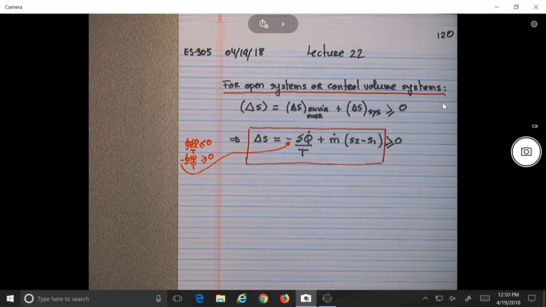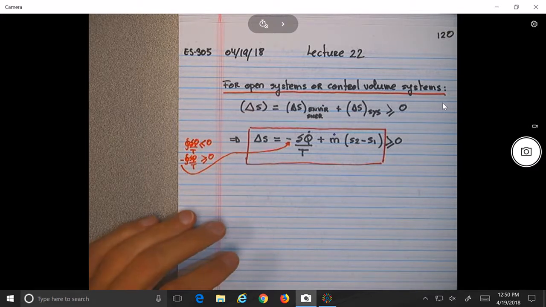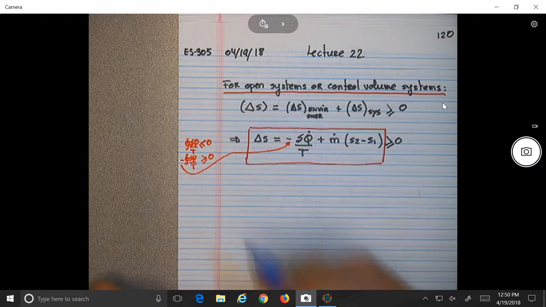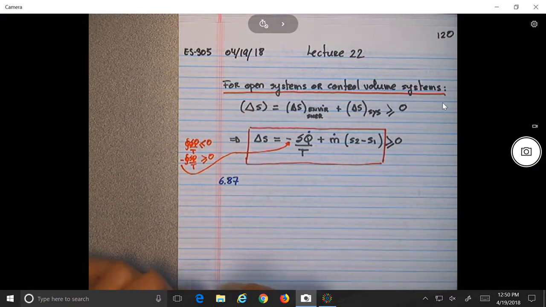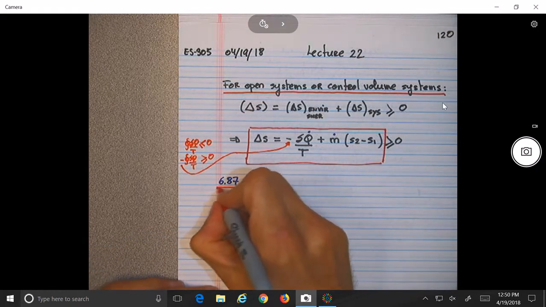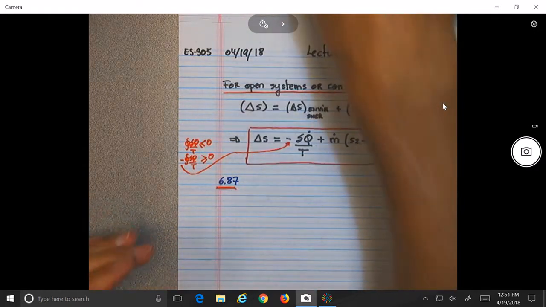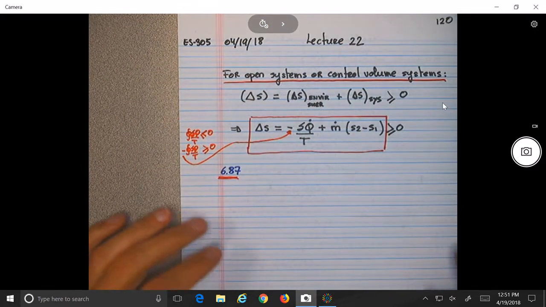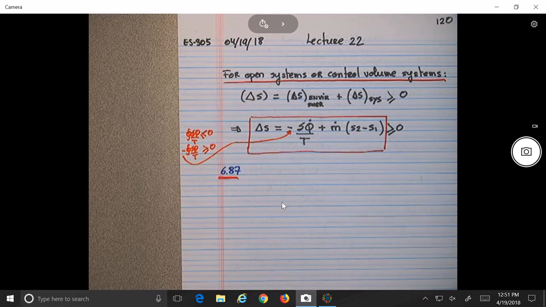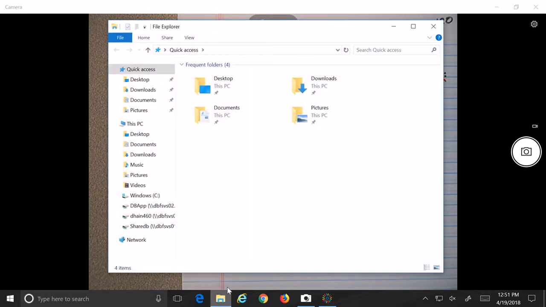So basically, we're going to be looking at problem 687. And we're going to solve it in two different ways, so you have a good understanding of the material. So let me go to 687.